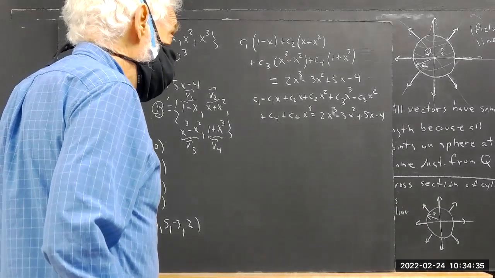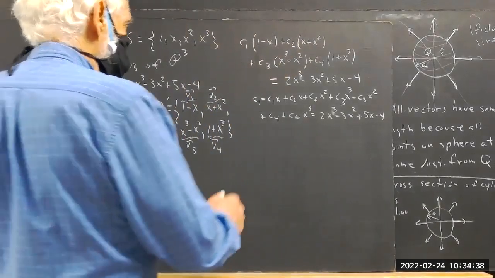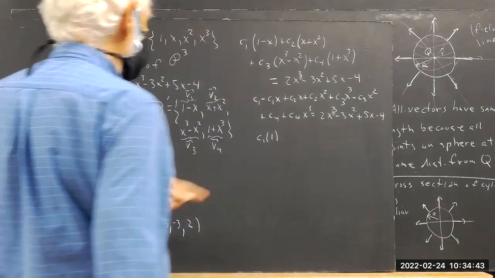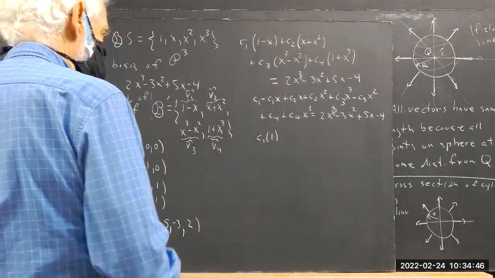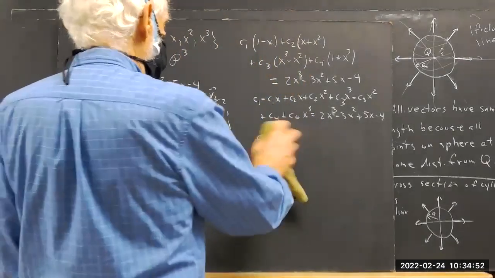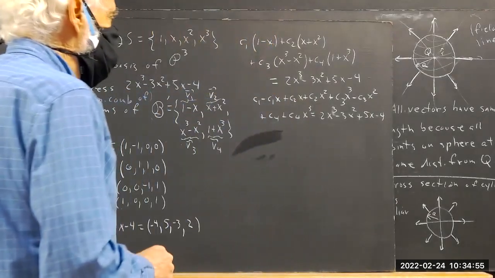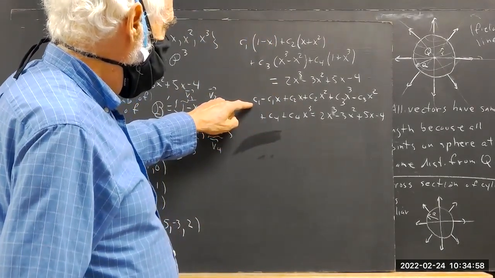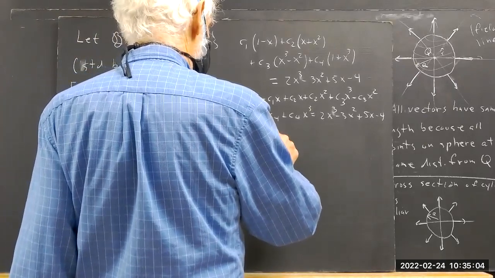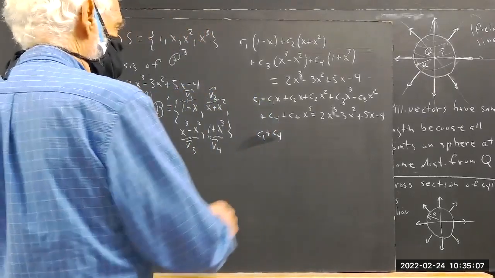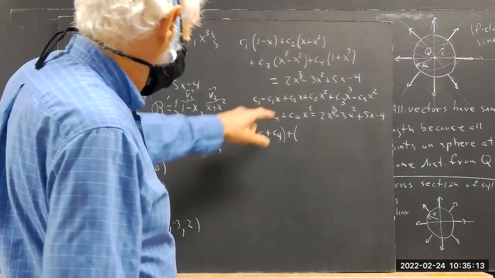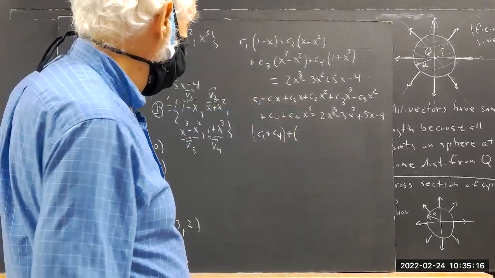How's that going to give us 4 equations? Well, we've got C1 here. That's C1 times 1. What same constants do I have? I have C1 and C4, right? So we have C1 plus C4. And then what x terms do I have? Well, I have a negative C1x and a C2x, right?